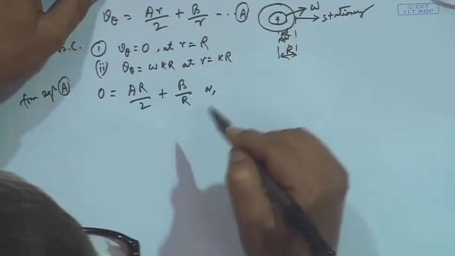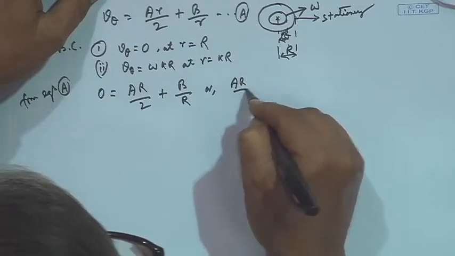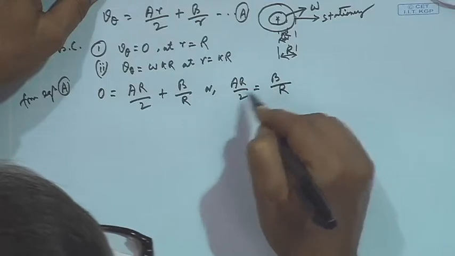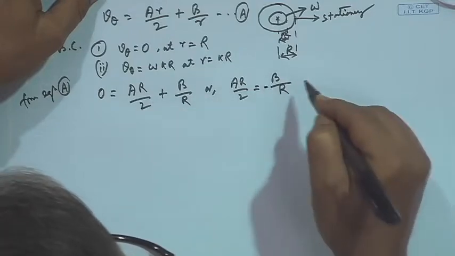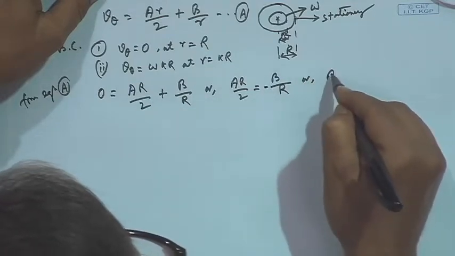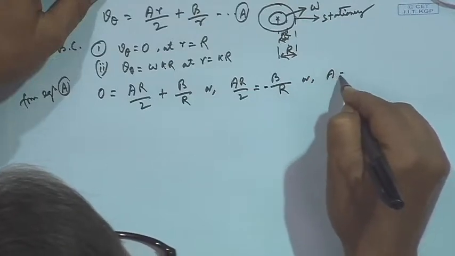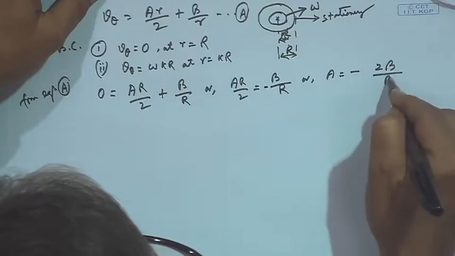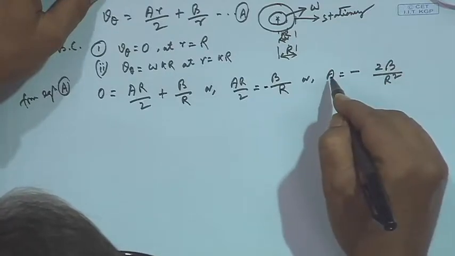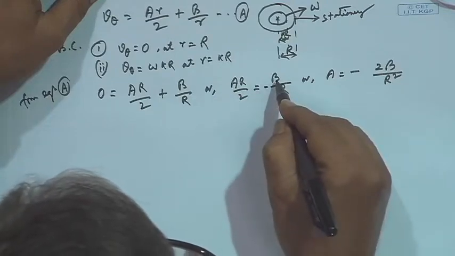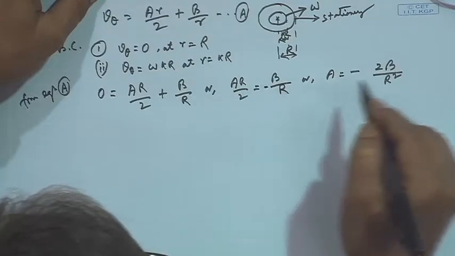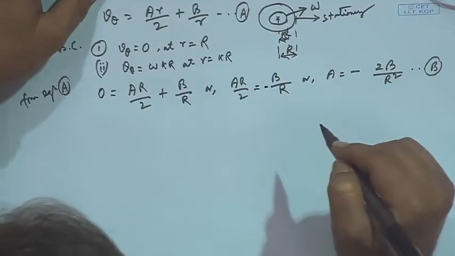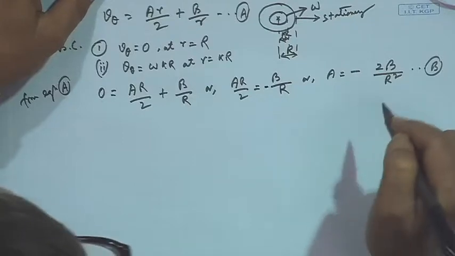From there, we can simplify AR by 2 equals minus B by R, or we can write A equals minus 2B divided by R square. A equals minus 2B by R square. So, this is A. We write it to be equation B, right.